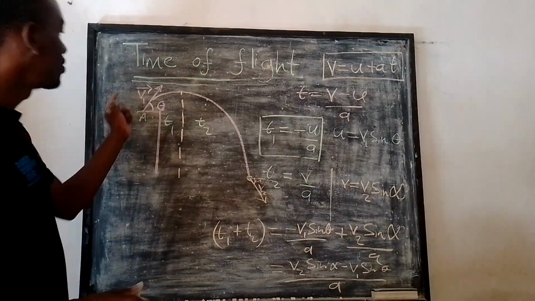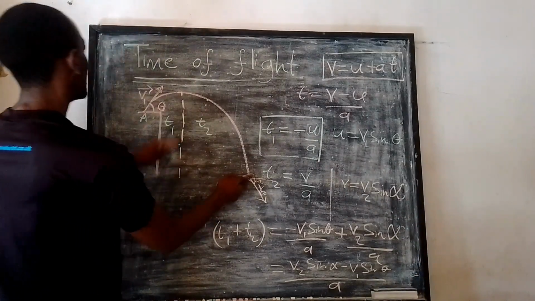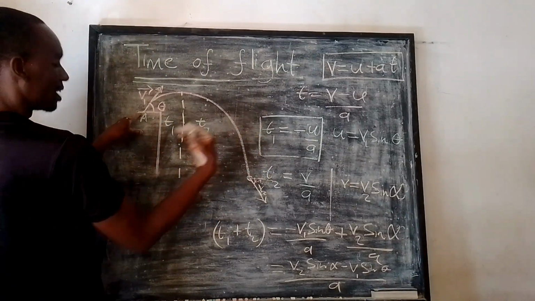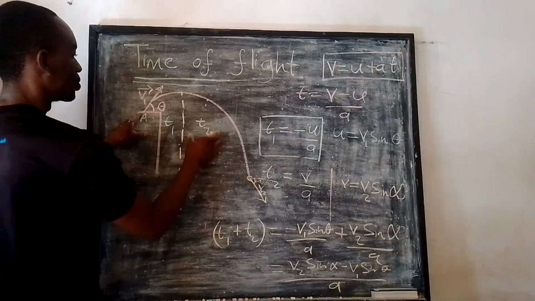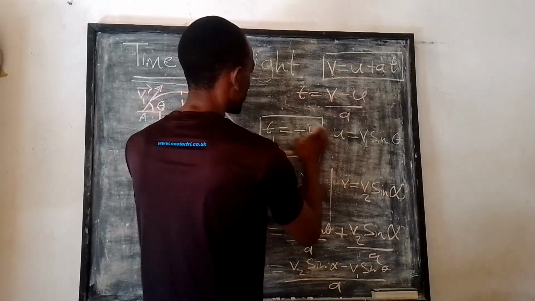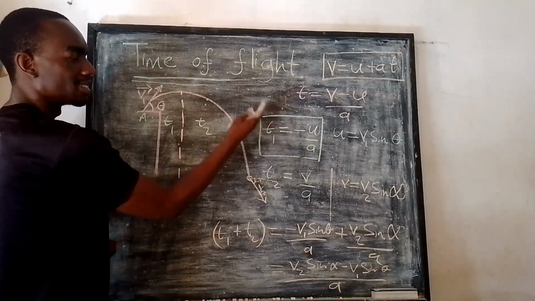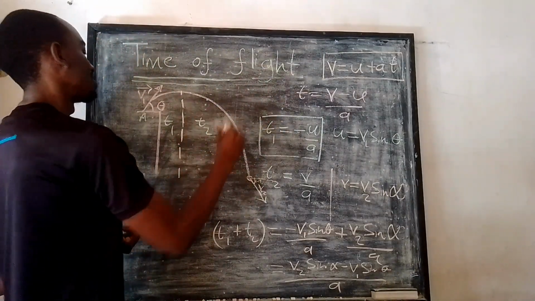And if you are given the opposite case, say the object is projected from this point and it lands at this point, again you would have to divide the motion into T1 and T2 and do the necessary math, which remains the same. The math doesn't change. It's always this simple.